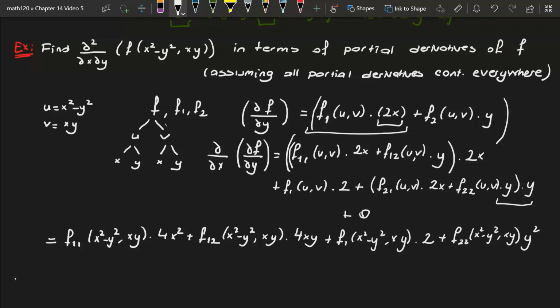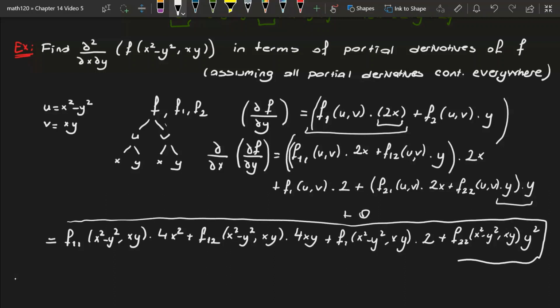Okay, if I didn't make a mistake, at the end we got such an expression: the second order partial derivative of f in terms of partial derivatives of f.